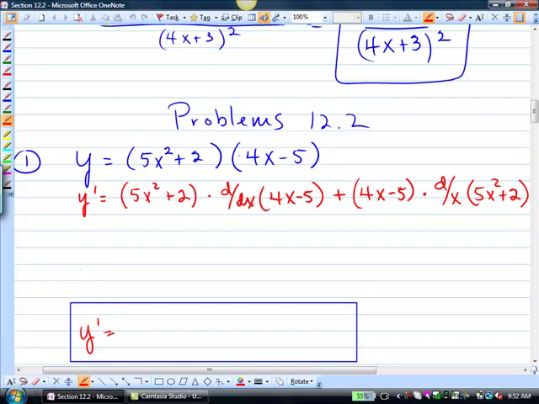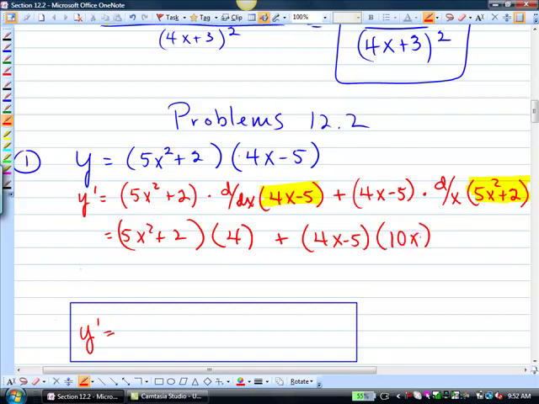So I've got to take the derivative here and here. That's the only places I'm taking the derivative. So I have 5x squared plus 2 times, what's the derivative of 4x minus 5? 4. Plus 4x minus 5. What's the derivative of this guy? 10x.